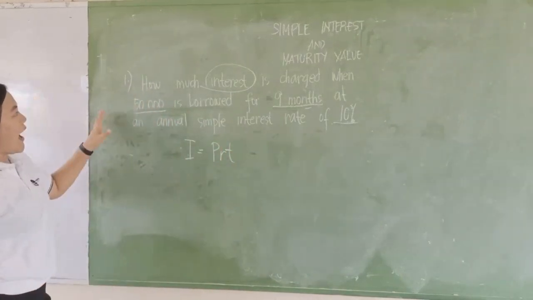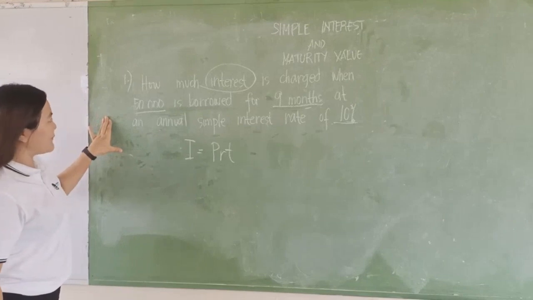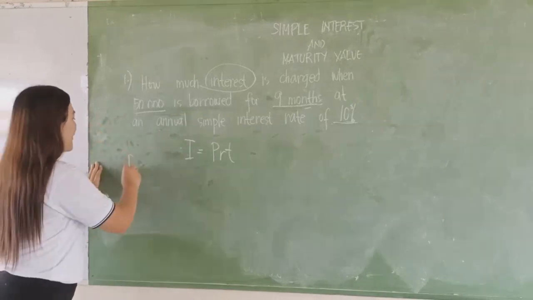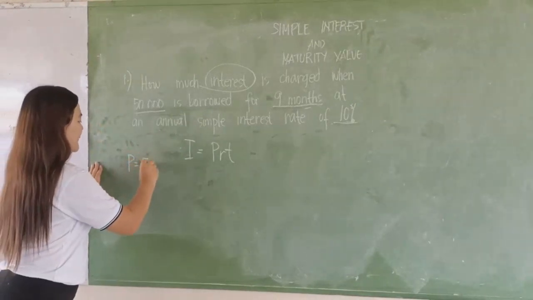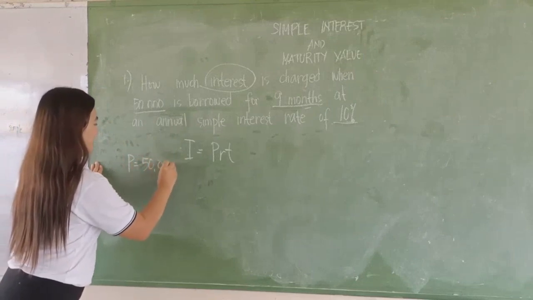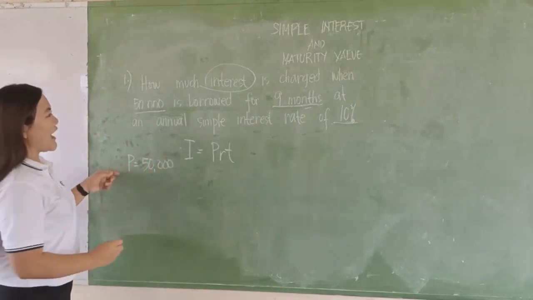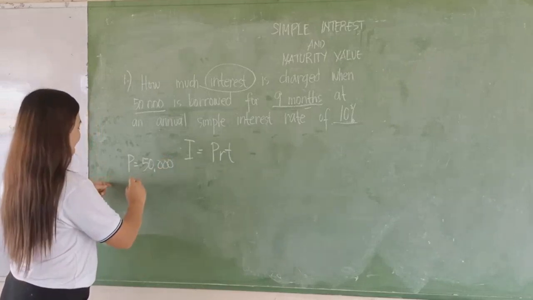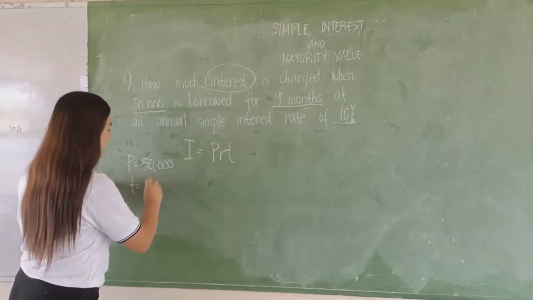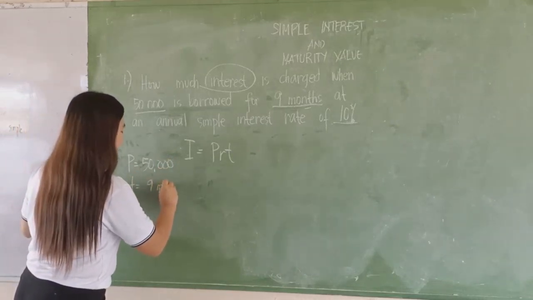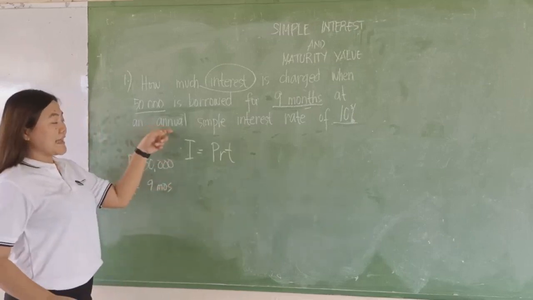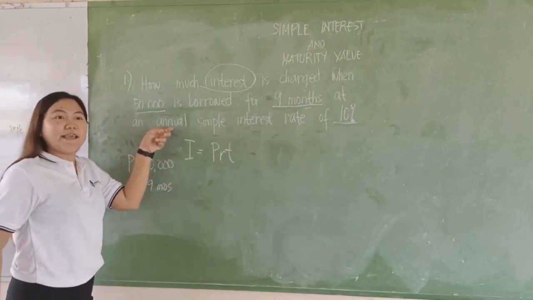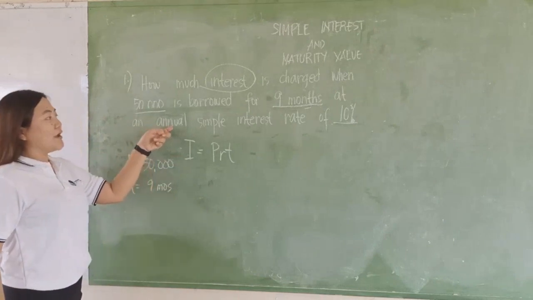So, ano ba yung mga given natin? We have 50,000, yun yung ating principal. And then, we have 9 months, which is the time. And also, may nakalagay dito is annual, so meaning to say, in 1 year, we have 12 months.